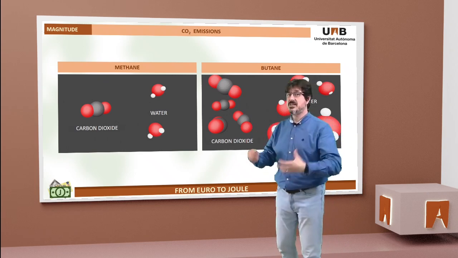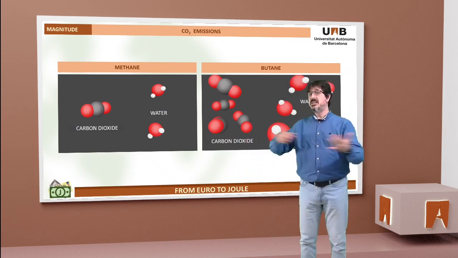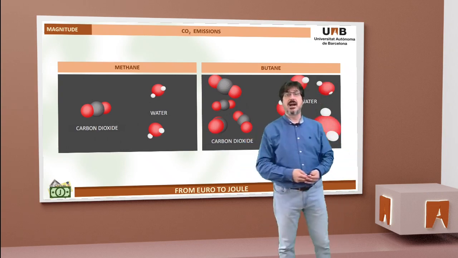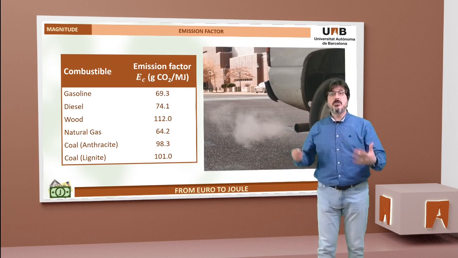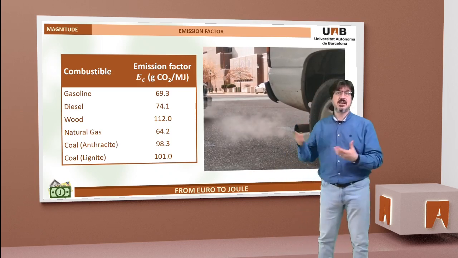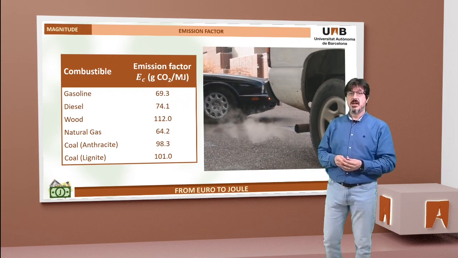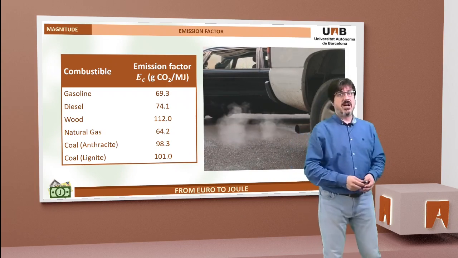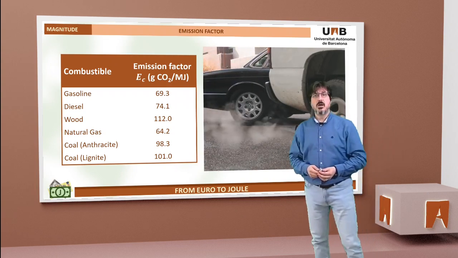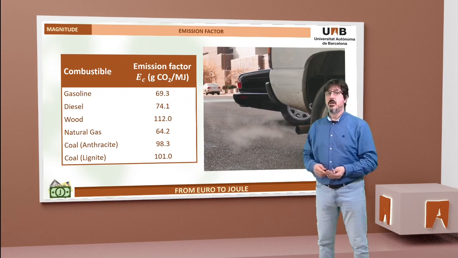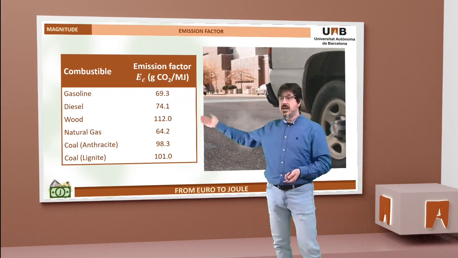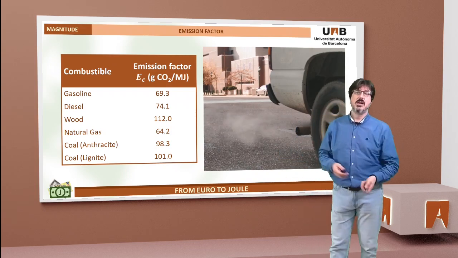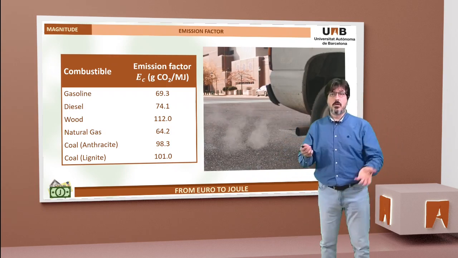And that's the reason why in the combustion of the different fossil fuels you obtain different levels of carbon dioxide, because the amount of carbon and hydrogen that these hydrocarbons have is very different. For example, in the case of coal, we have a low amount of hydrogen. Most of the molecules are simply carbon. While in the case of, for example, natural gas or gasoline, the abundances of hydrogen and carbon are more balanced.